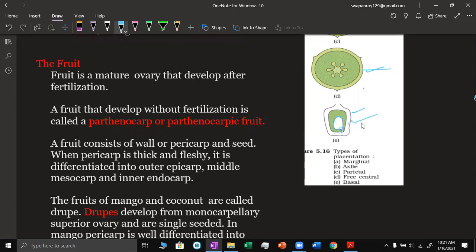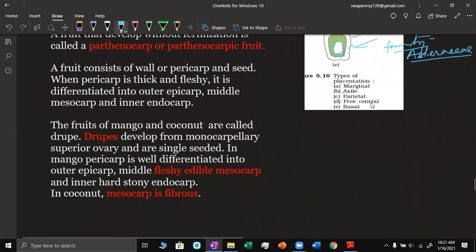So this is called basal. This one is a characteristic feature of family Asteraceae.